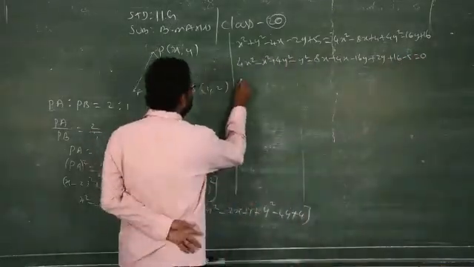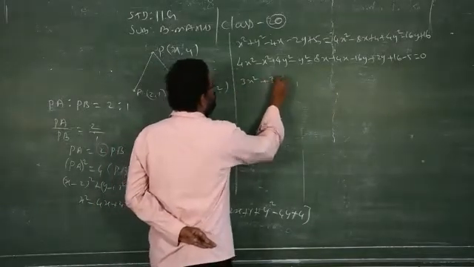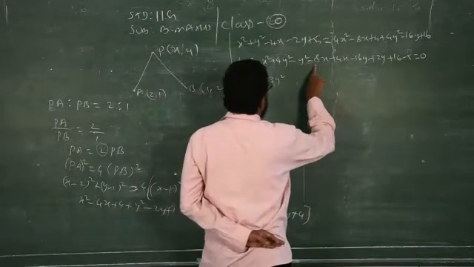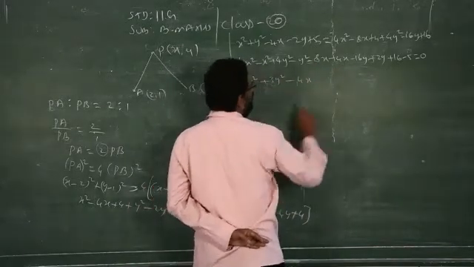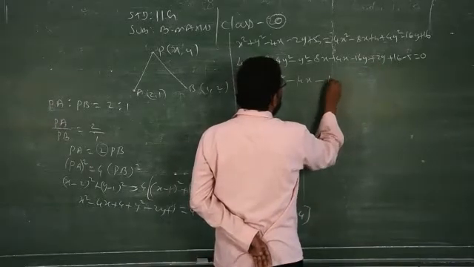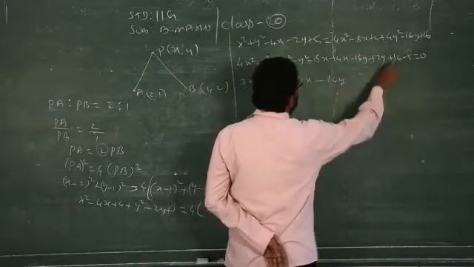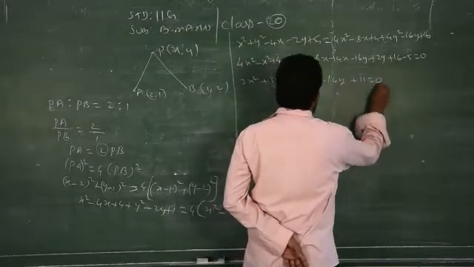Simplify, you will get 3x square plus 3y square minus 8x plus 4x, minus 4x, minus 16y plus 2y, which will give you minus 14y, and 16 minus 5, that is 11.